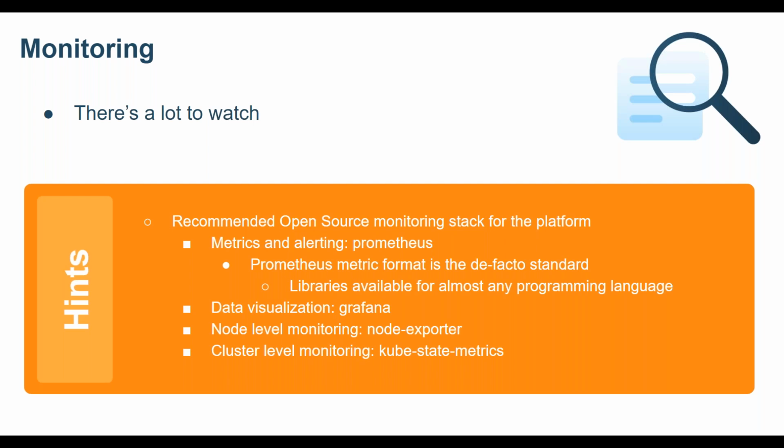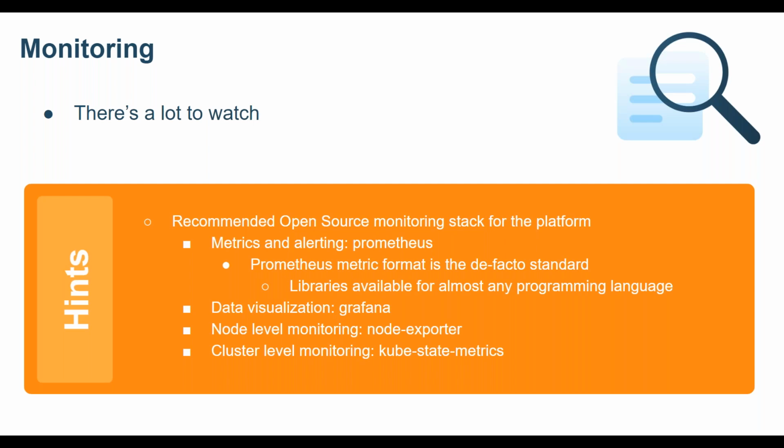And a hint for you for building your software: if you build from scratch, you are not migrating existing workloads to Kubernetes, but you build something from scratch, there's no reason to go against the current, right? If everything is using Prometheus for monitoring, use Prometheus for your application as well. Libraries to make this easy to implement are available for any major programming language, and that will make your monitoring setup simpler.